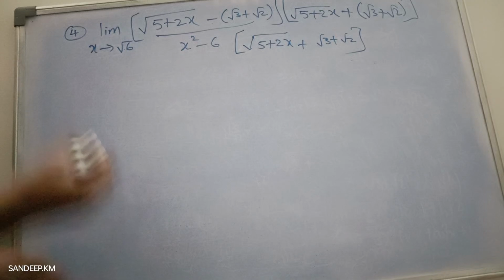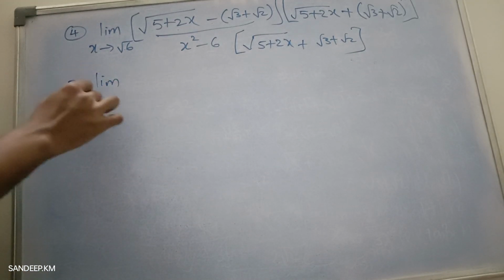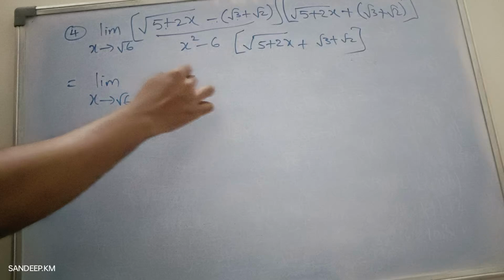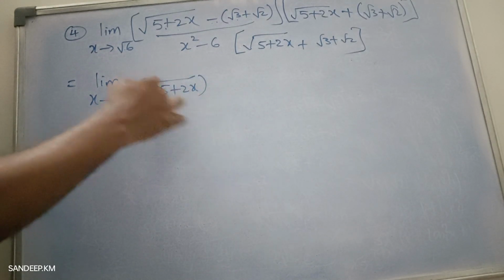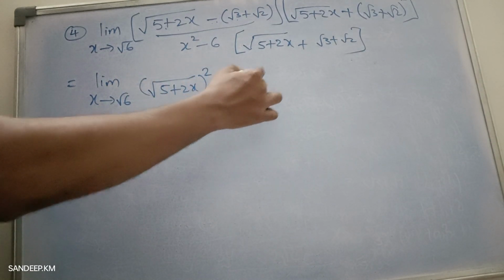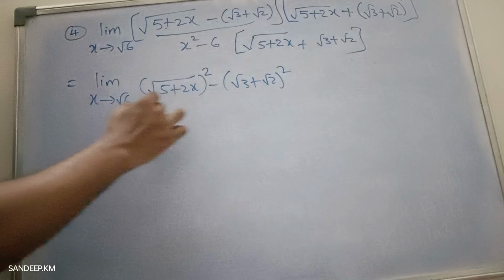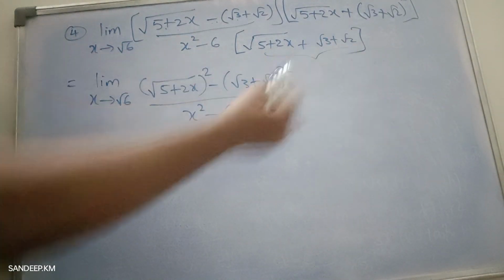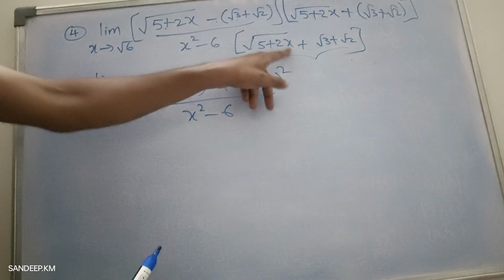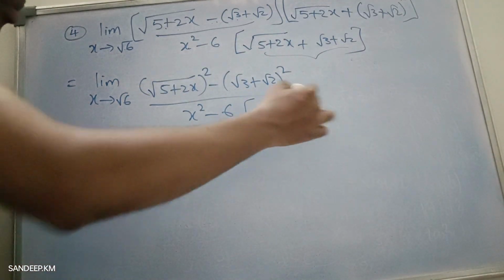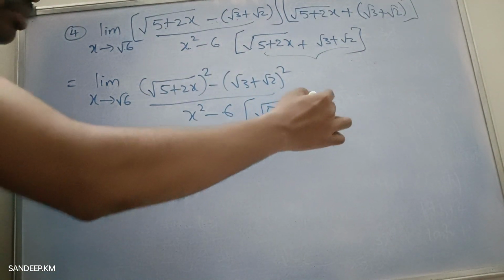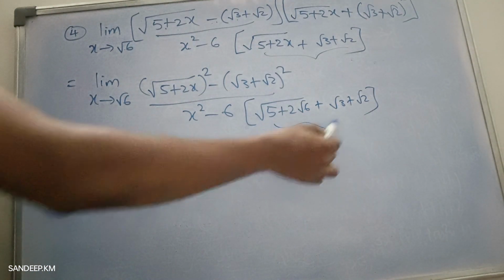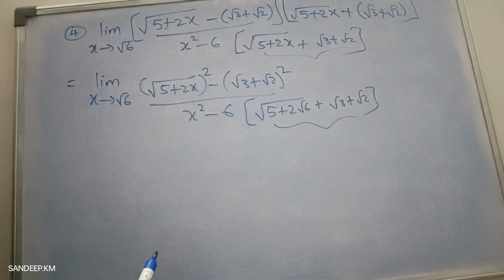Okay. Now using a minus b into a plus b, it is a square minus b square, divided by x square minus 6 as it is, and in this term you can happily substitute x as root 6. So what will you get? Root of 5 plus 2 root 6 plus root 3 plus root 2. Here no issues, this will be a finite number, we can substitute here.